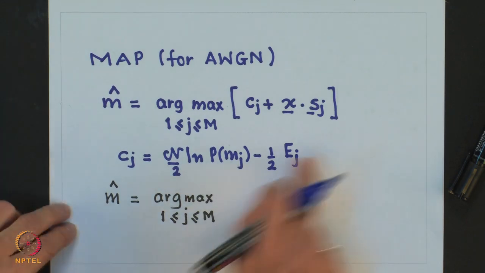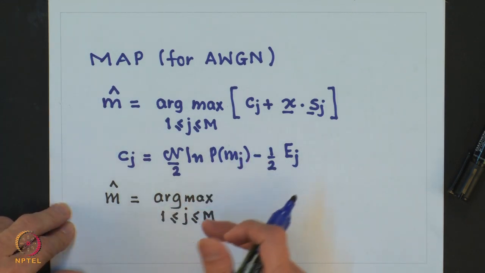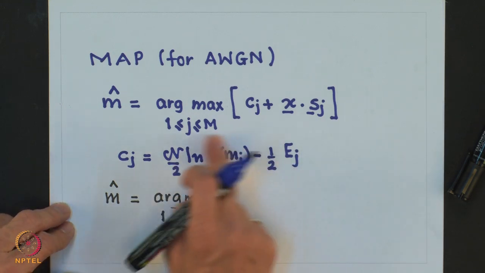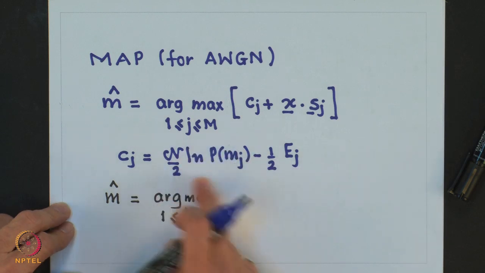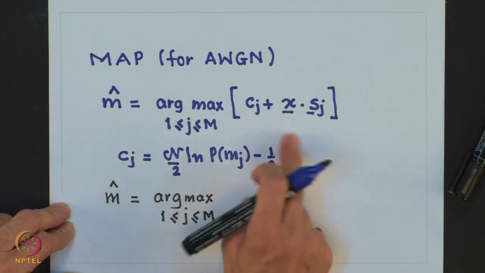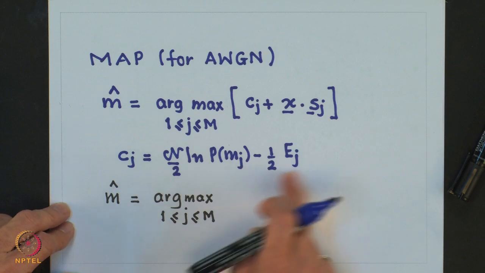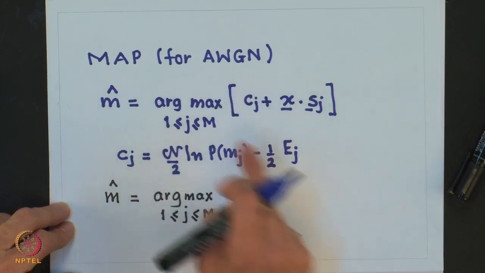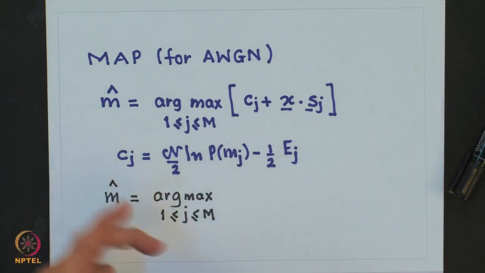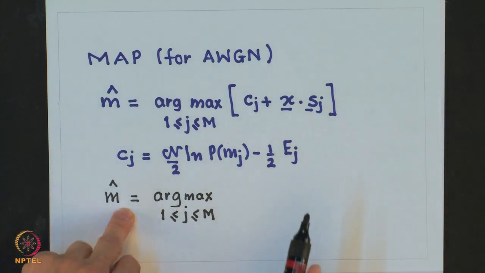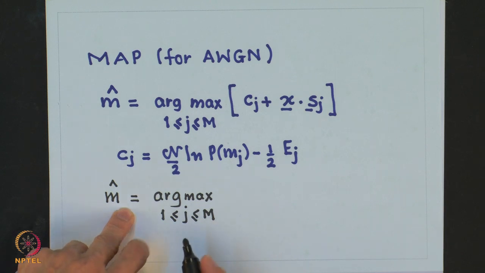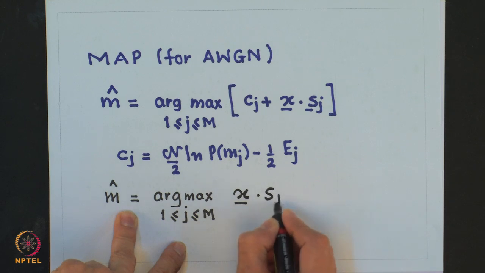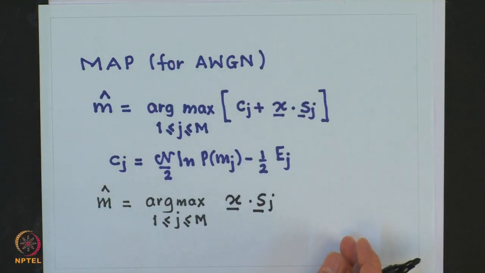Now, in this decision rule, if we have an additional constraint that besides the symbols being equiprobable, each of your message signals has equal energy, then this quantity Cj can be dropped and I can simplify my MAP detection rule to this expression.